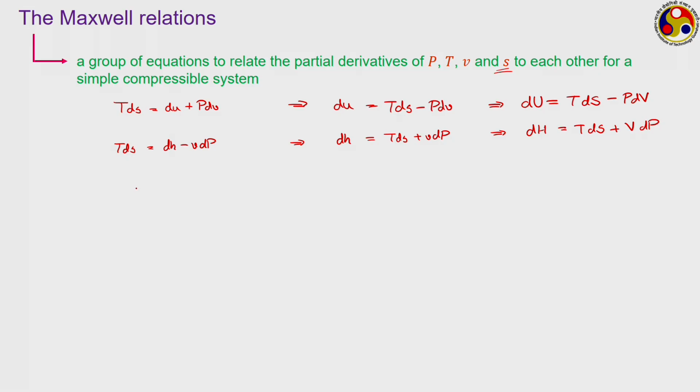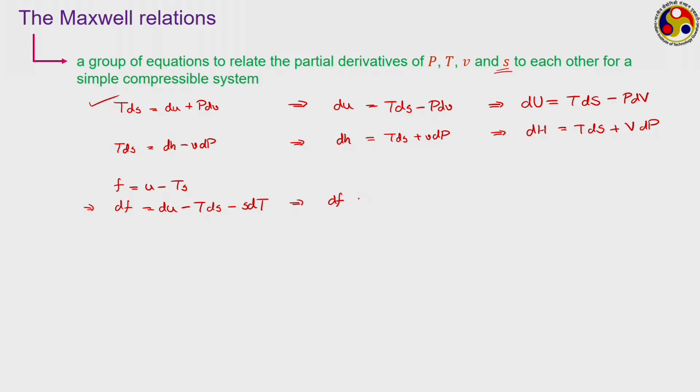Now, let me use the definition of the Helmholtz energy. What was your definition for Helmholtz energy? You had A equal to U minus Ts, that is dA equal to du minus Tds minus S dT. Now, du minus Tds we can take from this equation. I am more comfortable writing this as A, but we are using F, so let me stick to that.